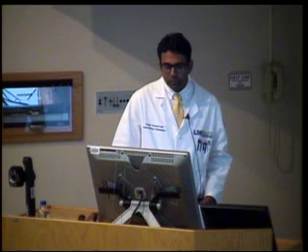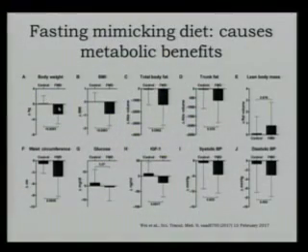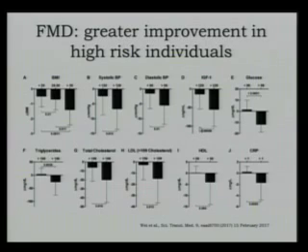When you looked at body weight, the fasting mimicking diet group had a decline in their body weight, a decline in their BMI, a decline in their adiposity, lower IGF-1 levels, lower blood pressure, so metabolic benefit. Now what about if you stratified individuals based on underlying risk?